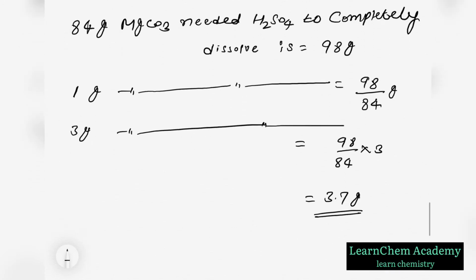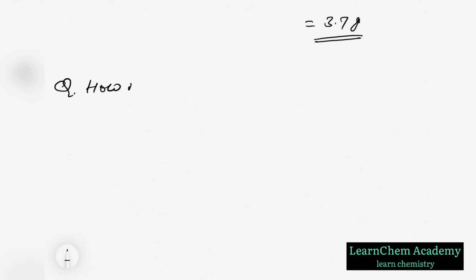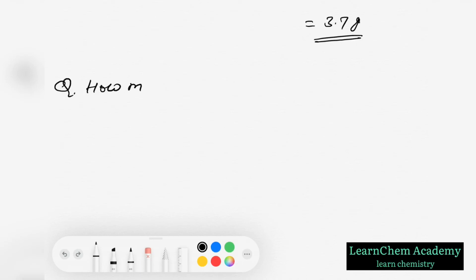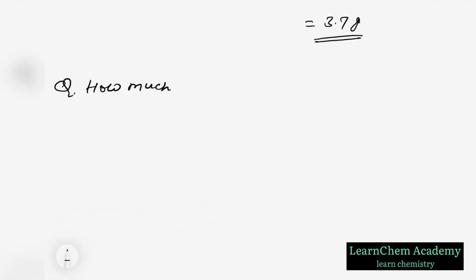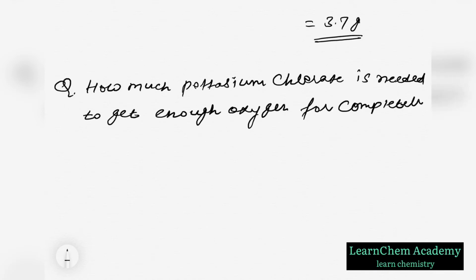Okay, now we can take another example. So we can write another question. The question is, how much potassium chlorate is needed to get enough oxygen for completely burning 84 liter of carbon monoxide at NTP.